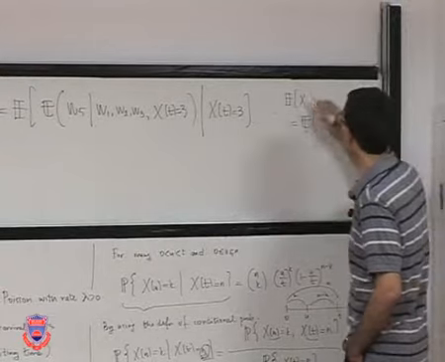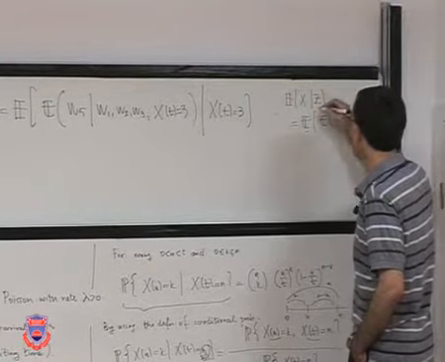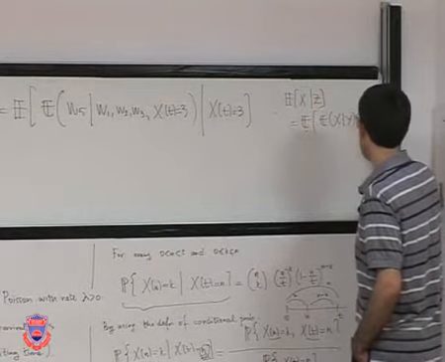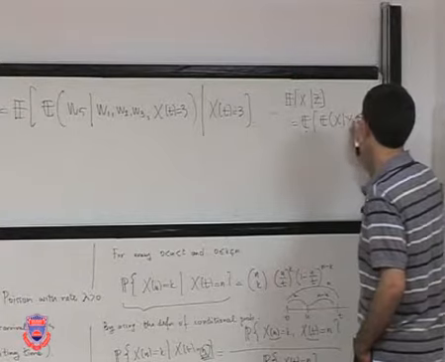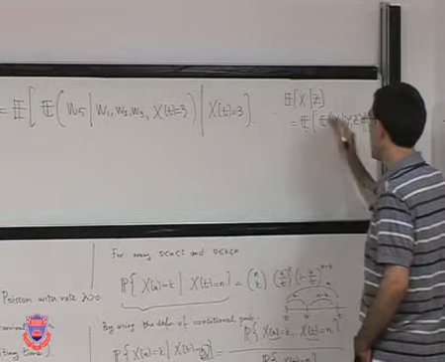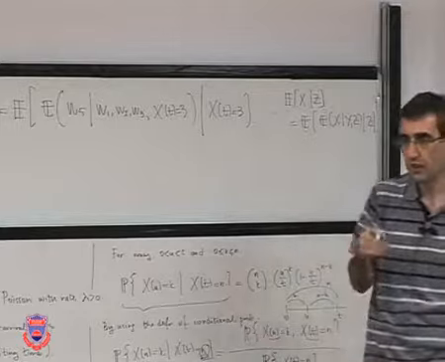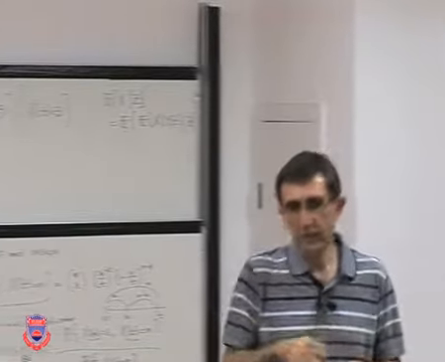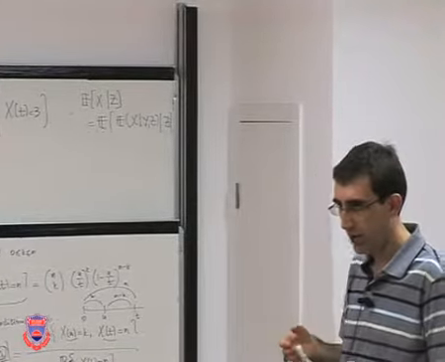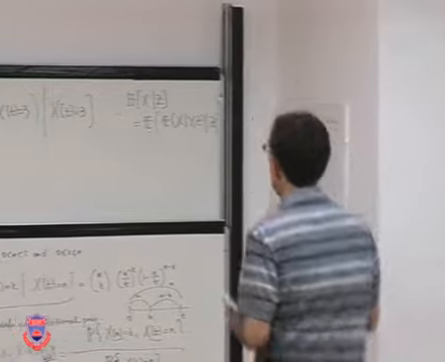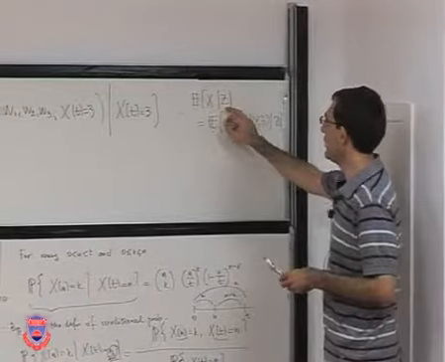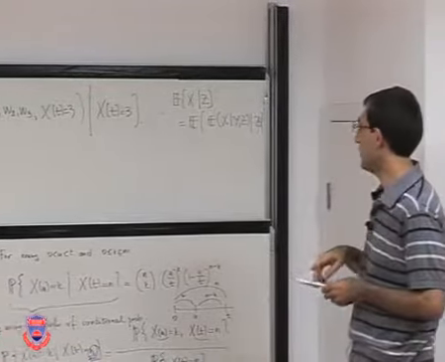Here we started with Z, and that's what you have added to each one of these expectations. So you are still taking the expectation, but now conditioned on a third random variable, if you like.